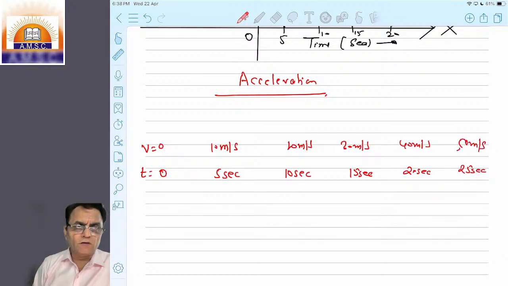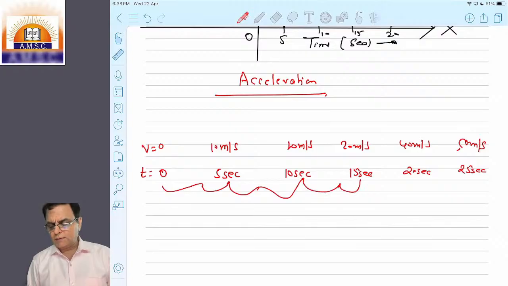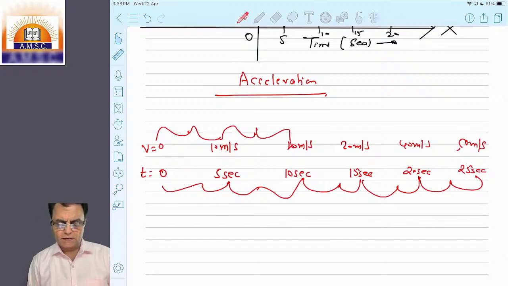So what kind of acceleration is this? Uniform acceleration. What we see is that in the same amount of time difference, the velocity increases by the same amount. Here, the increase in velocity is 10 meter per second.